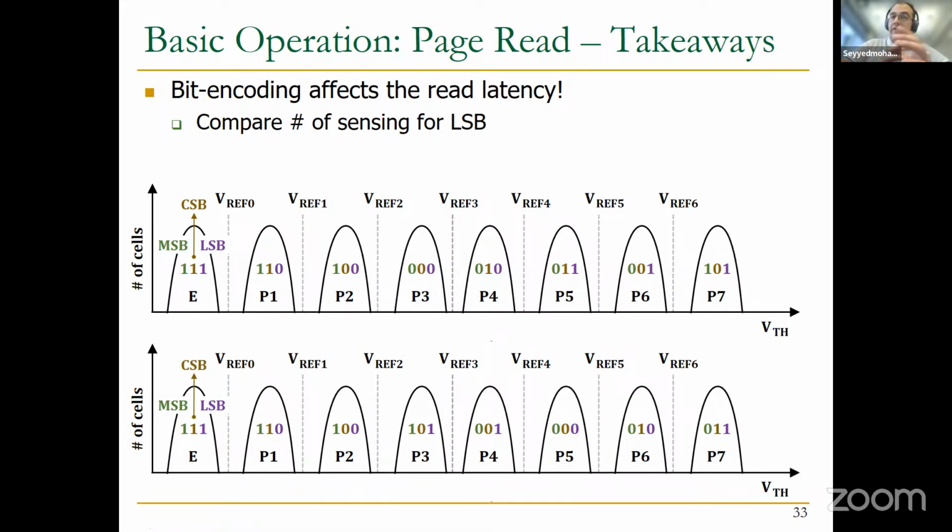MSB is very fast. You only need to apply 1 reference voltage. Actually, reading the MSB is equal to SLC NAND flash performance. But reading LSB is quite slow. You need to apply 4 reference voltages. So with this kind of trade-off, designers need to realize what the best or optimum way is to encode NAND flash chips.